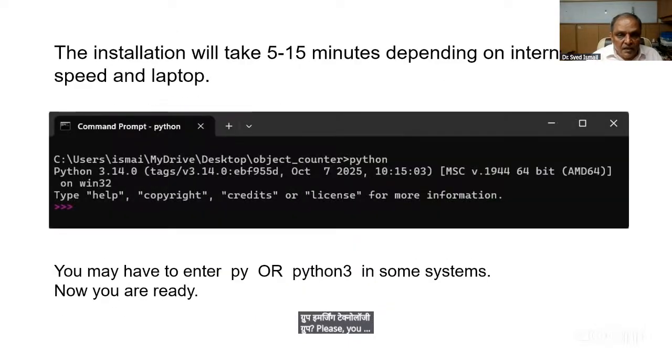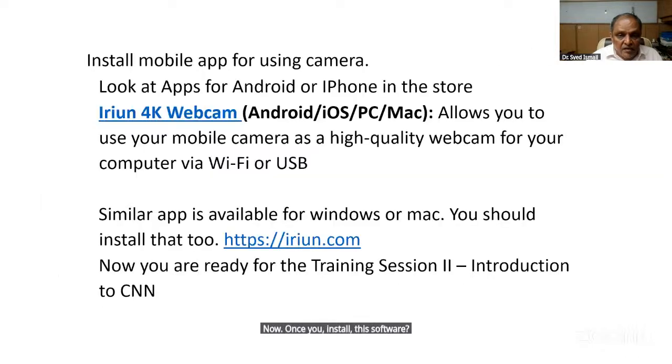Now, once you install this software, you have to install the software for your camera. This is very easy. It is also in the PDF file. This is very fast. You can do it simultaneously. For the camera, Android or iPhone, look for the Iriun app and download it on your phone.